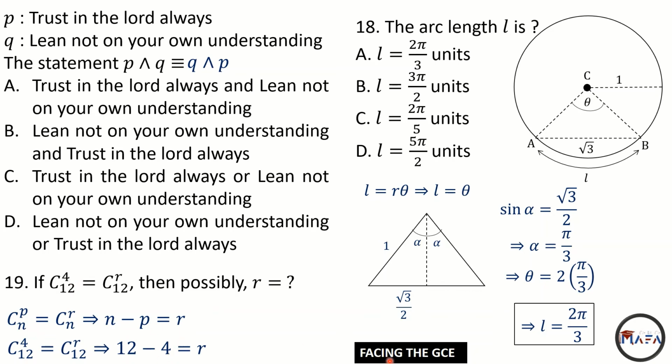Alright, so remember we are facing the GCE here, and the essence of the examination is for you to think, for you to explore your thinking abilities and be able to tackle questions with a greater speed. Alright, so 12 combination 4 equal to 12 combination r, it means that 12 minus 4 is equal to r, or 12 minus r is equal to 4, and you get r. So nevertheless, our r will give us 8, so that was a response.